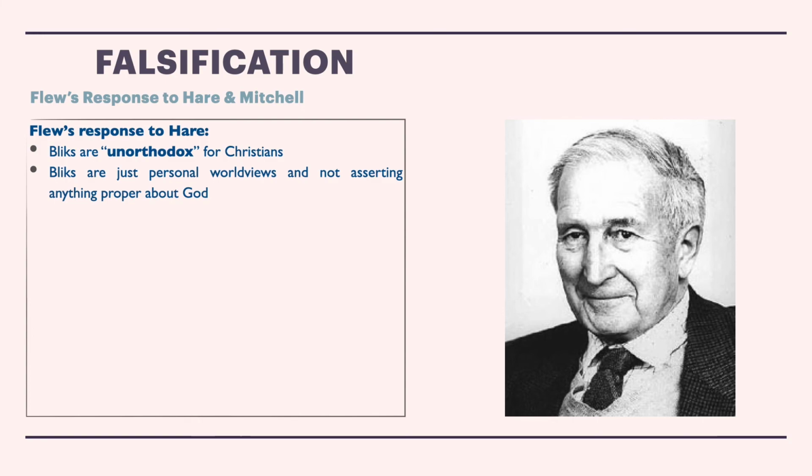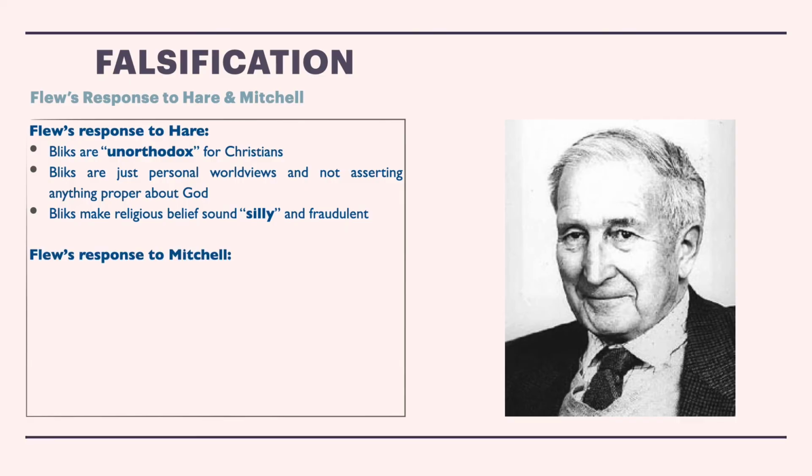But where does that leave the believer? In fact, Flew goes as far as to say that blicks make religious belief sound silly and fraudulent. It's almost as if he has more respect for Mitchell than he does Hare, because Mitchell seems to at least own his religious beliefs.